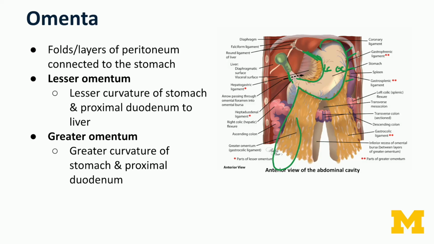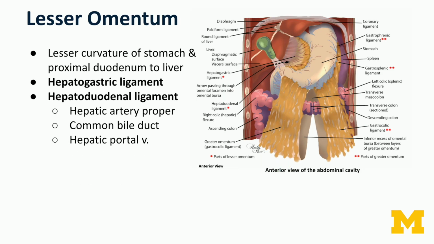So, lesser and greater curvatures, lesser and greater omenta. Now, each of these omenta we can subdivide into various ligaments. So with the lesser omentum, there are two major ligaments.